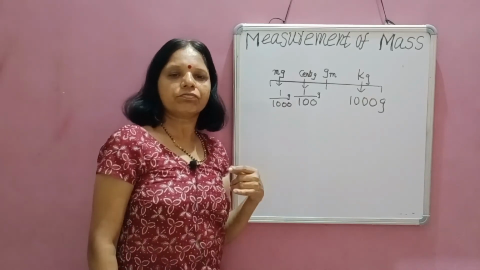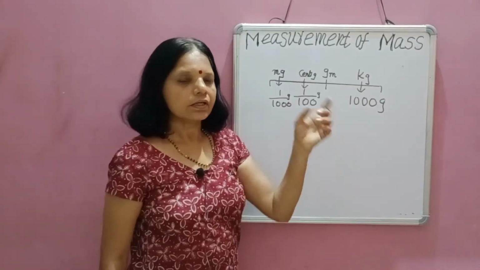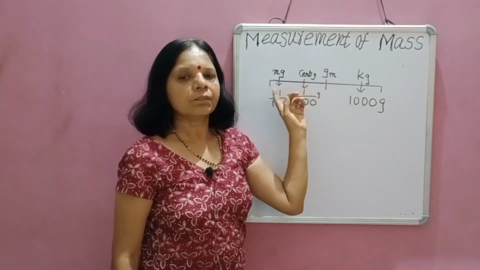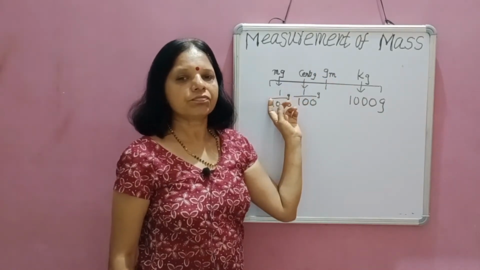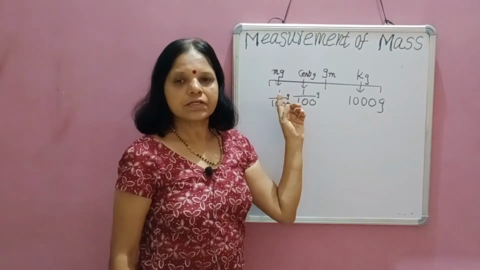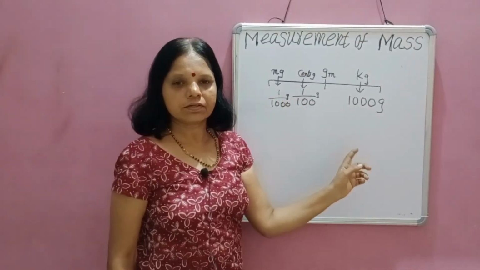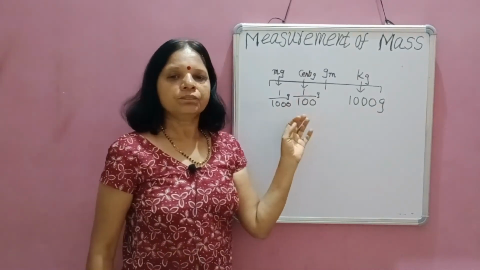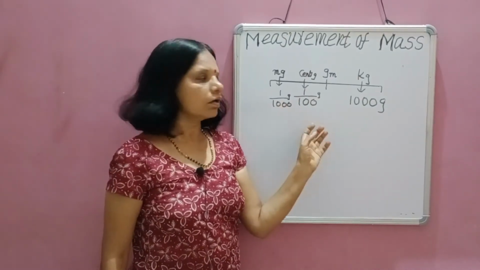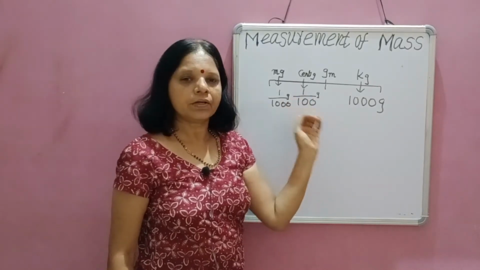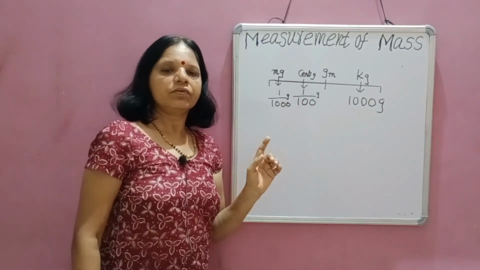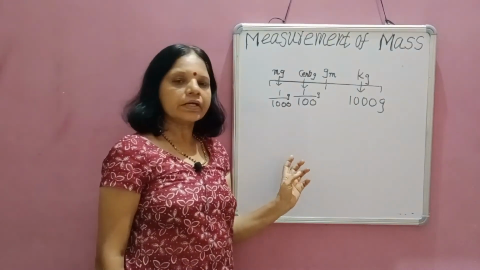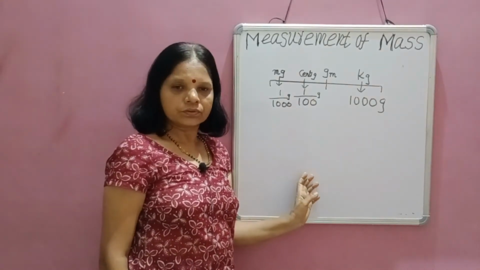The method of finding mass is by using the property of gravitational force. What is gravitational force? All the objects are attracted by earth with a certain force, which is called gravitational force.